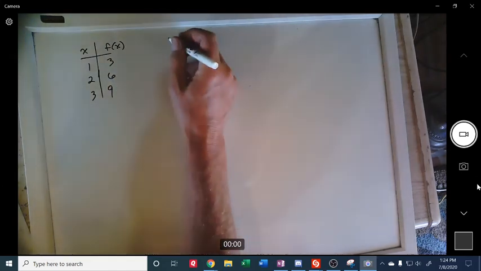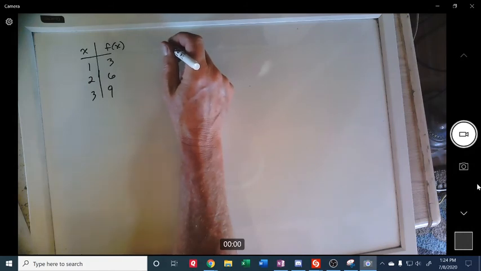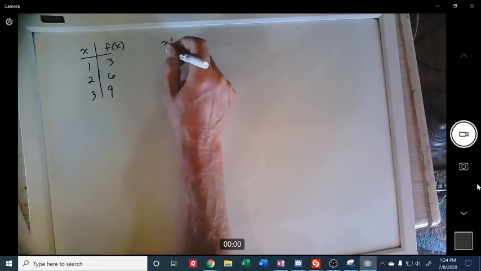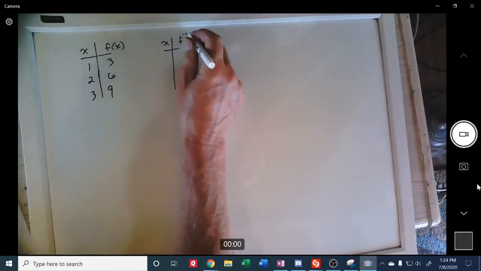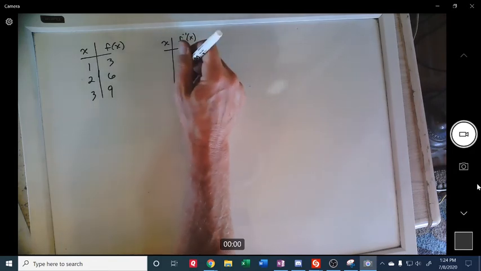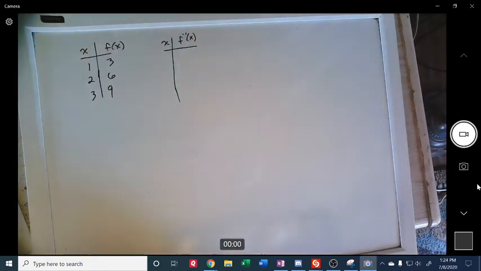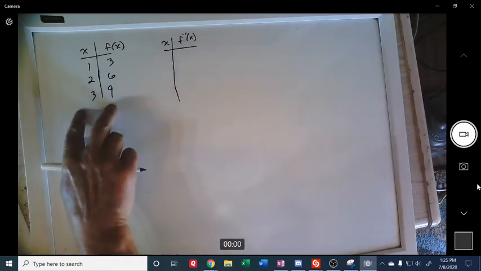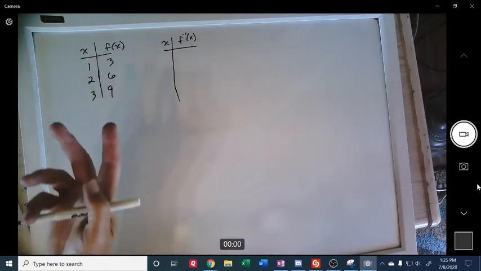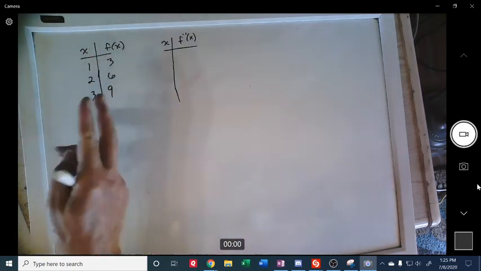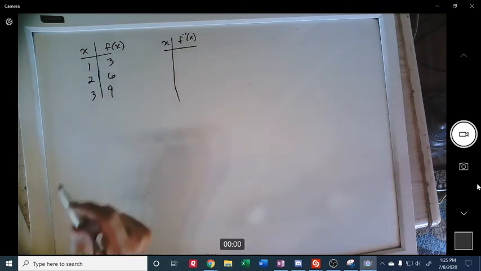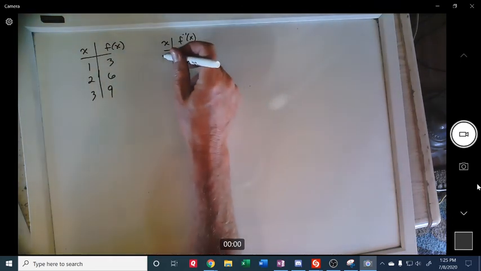All right. The really simplistic way to look at an inverse function, it's always true. Every inverse function can be made from a table of a function, but all you have to do is flip around every input-output pair. All these outputs become inputs.